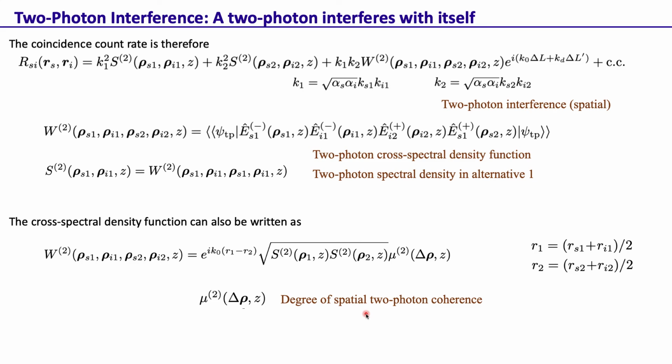So this is the generic description of two-photon interference in the spatial degree of freedom, where a two-photon interferes with itself, and we get the structure that we have seen throughout this course, whenever there are at least two interfering alternatives. So we will stop here. Thank you.